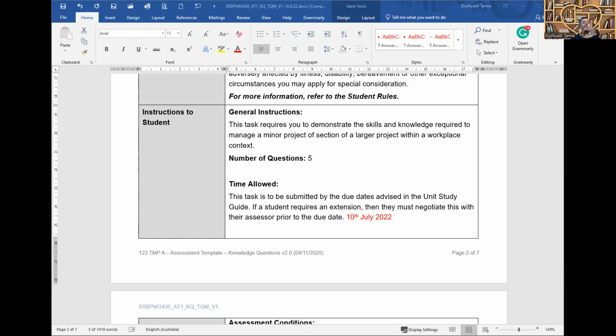Yes, we are meeting on 11th, so 10th of July is your due date for this task. So 3rd and 10th, 2 units.